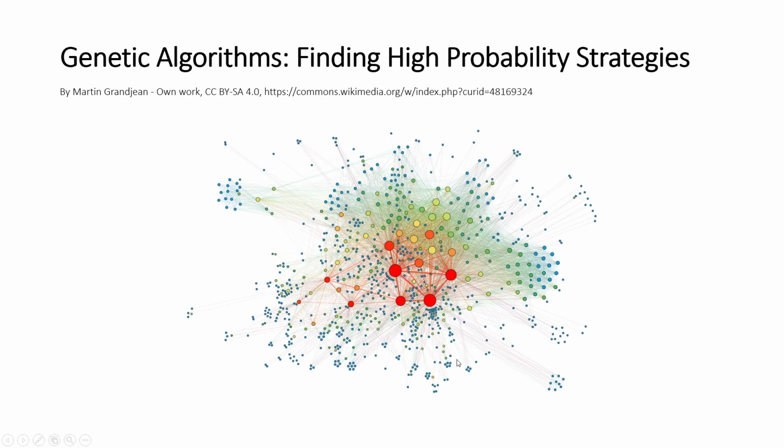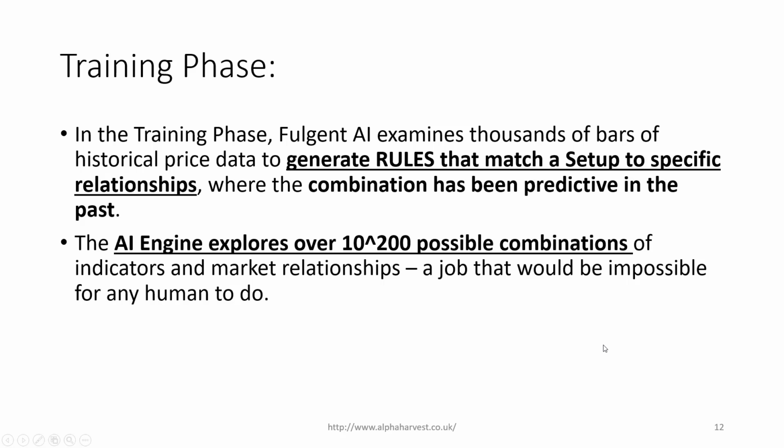So the end result is you end up with a few high probability trading strategies developed by AI that you normally would not have found, with the AI's discovered relationships that would normally have been difficult to discover. In the training phase, the AI generates rules that match a setup to specific relationships where the combination has been predictive in the past to generate positive returns on a high probability basis.